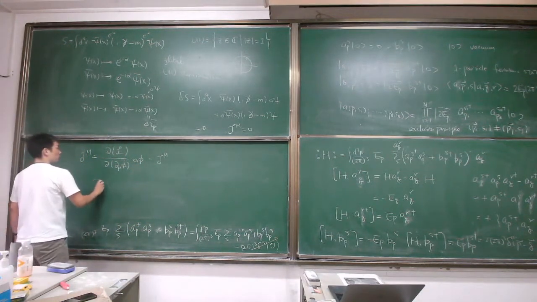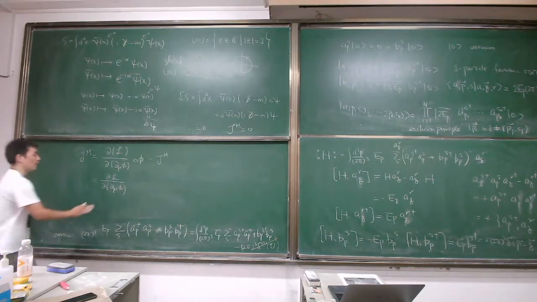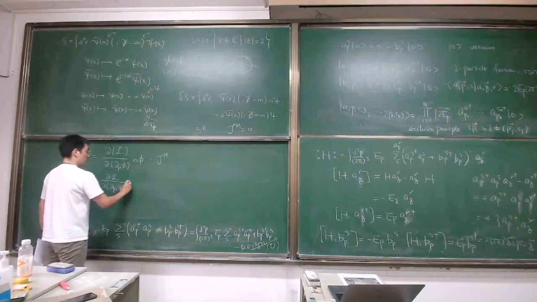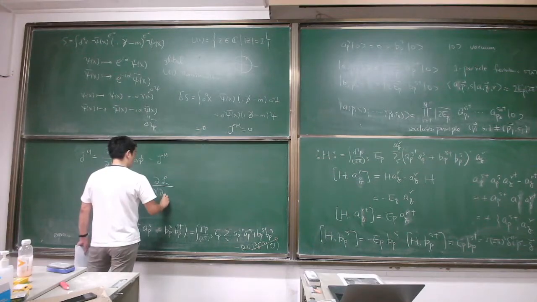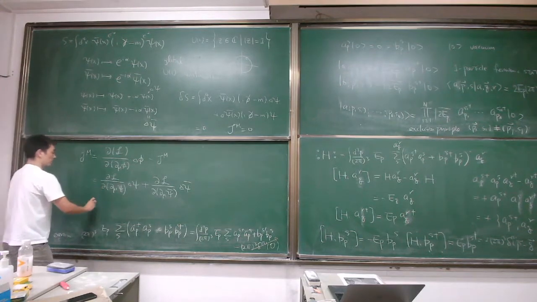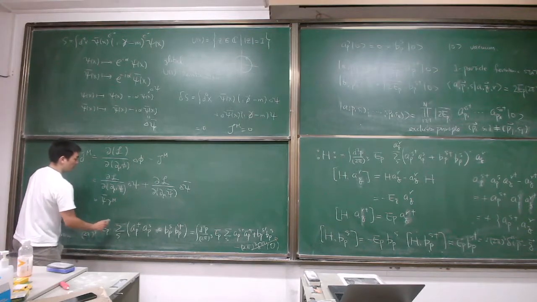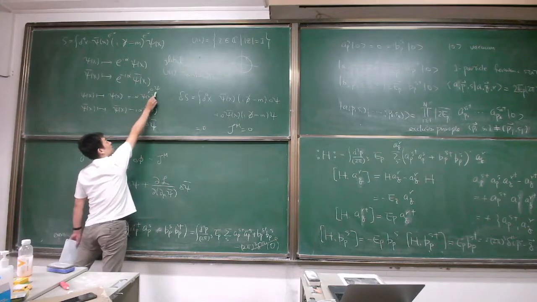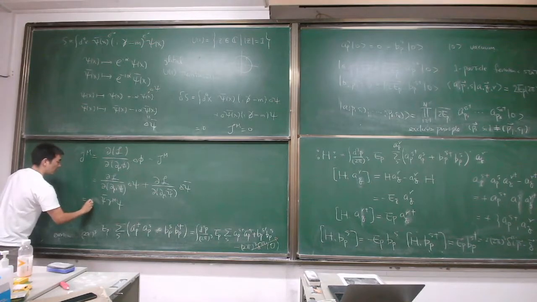So here is essentially phi, psi, delta psi, and delta psi bar. That's super easy to do. The first term is gamma mu, and psi bar. And then delta psi is this guy, so psi is i alpha.